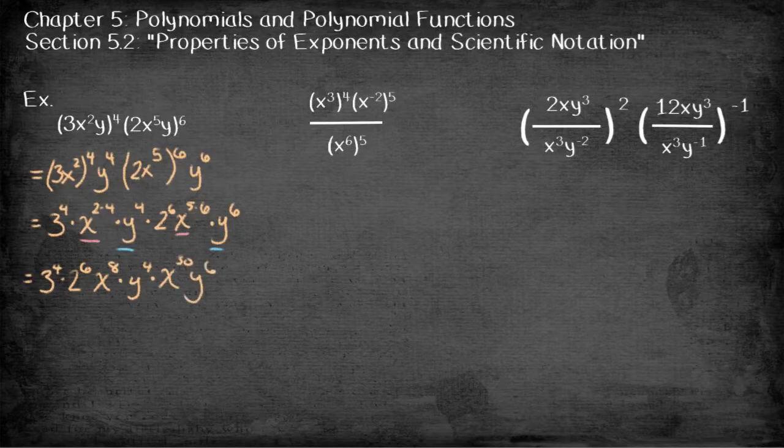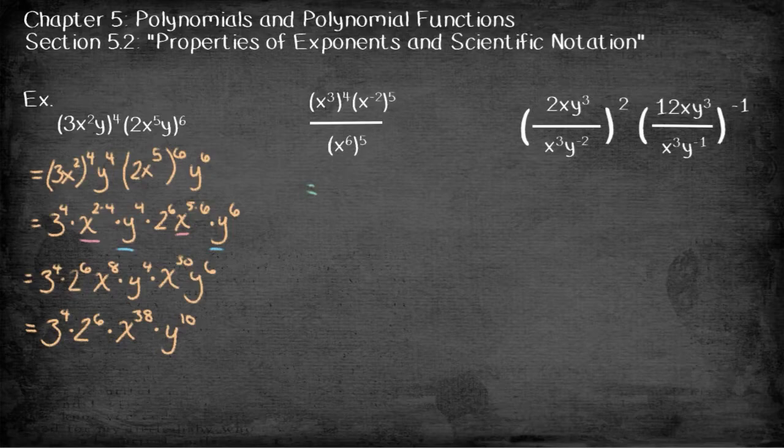And then we are multiplying the guys with the same base. So we add the exponents, and that's going to give us x to the 38 power times y to the 10 power. All right, and as if we weren't sweating badly enough already, we have a fraction now, but we'll do our best.